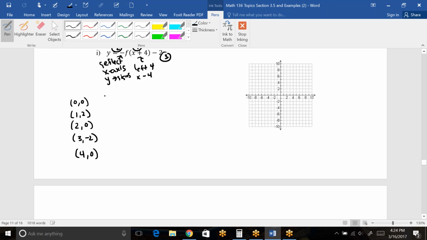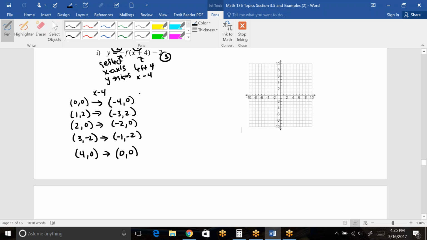I do the left 4 first, so that means each x is going to have 4 subtracted from it. So this would be negative 4, 0, negative 3, 2, negative 2, 0, negative 1, negative 2, and then 0, 0. So I subtracted 4 because that's the opposite of what I see right here from each of those x values.